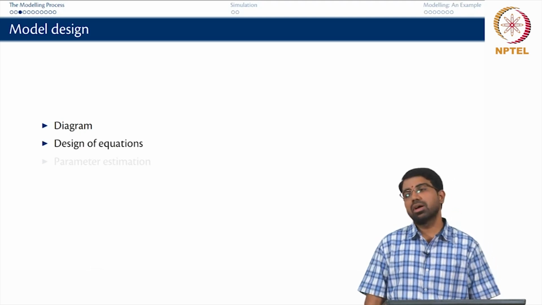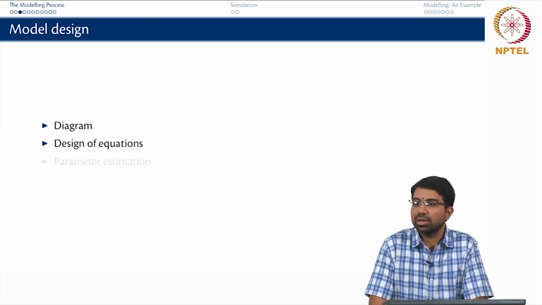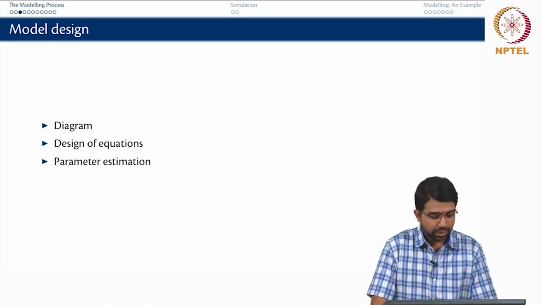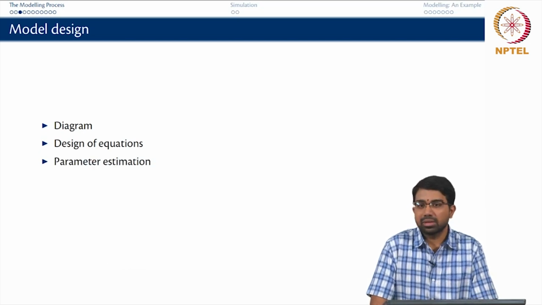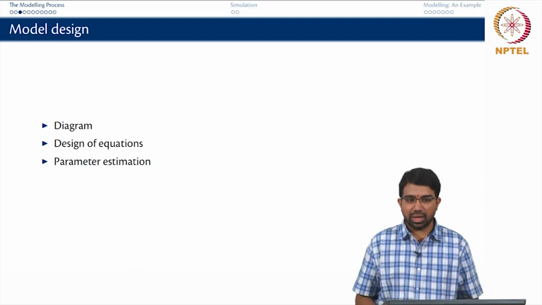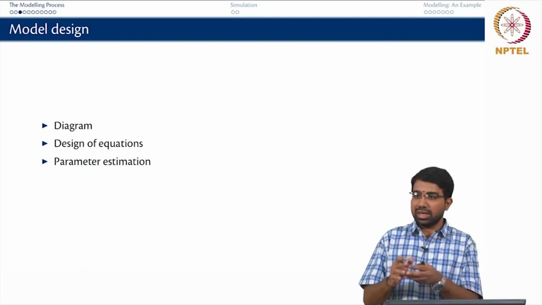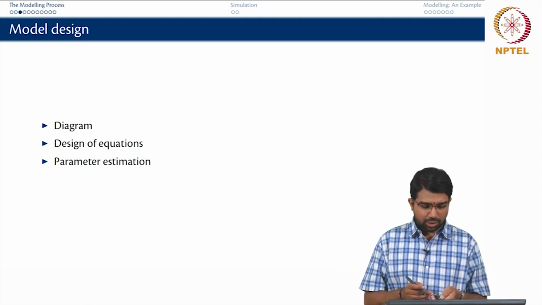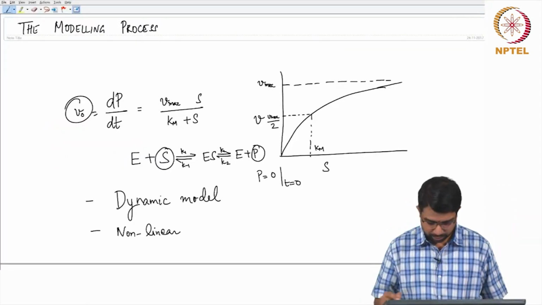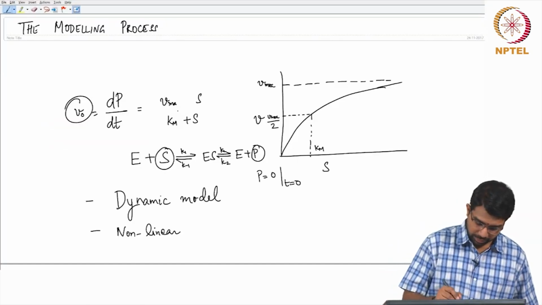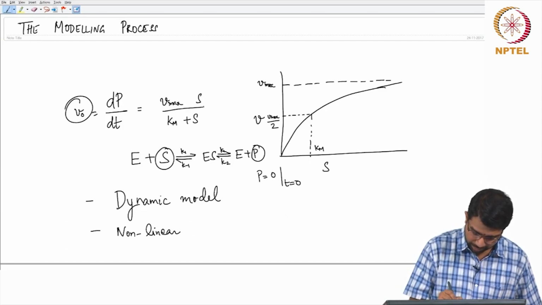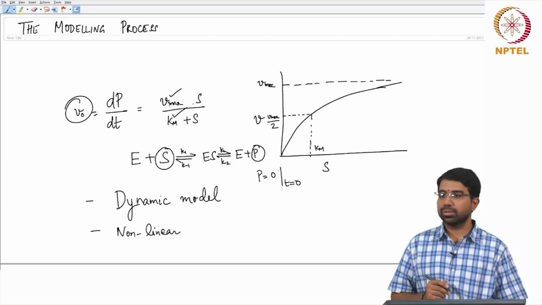And the next step is to design the equations. What kind of interactions are happening? What kind of math describes the interaction between these different entities that we are talking about? And then the parameters, right. So, we looked at it yesterday, right. There are certain variables which are connected with one another by parameters, right. Just like if you go back to the Michaelis-Menten example, Vmax is a parameter and Km is a parameter, right.